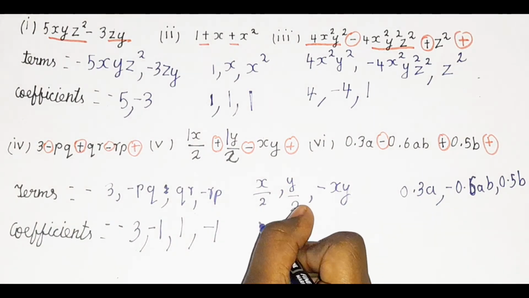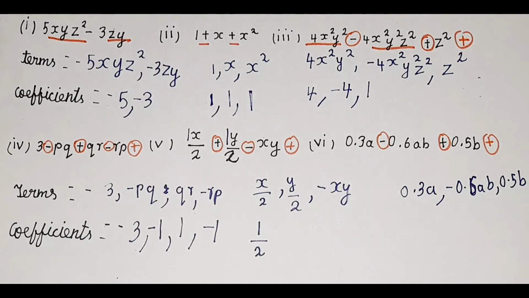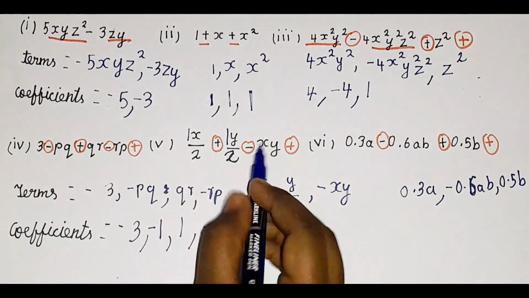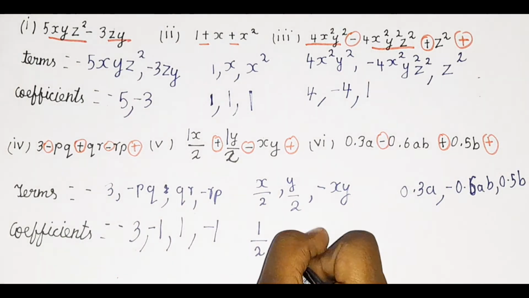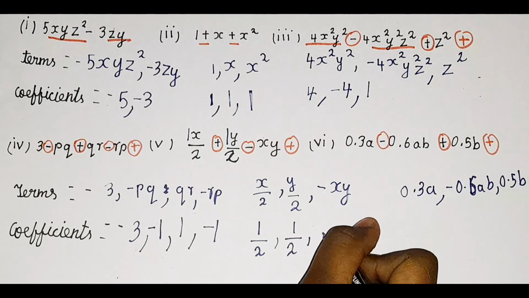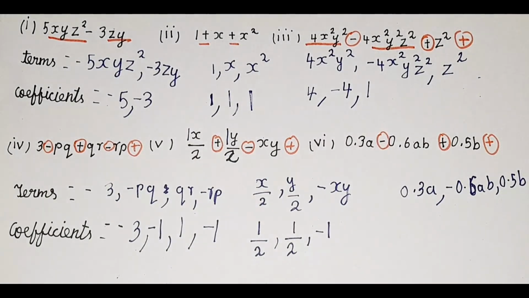So 1 by 2, and the coefficient of y is, so the variable is y, am I right? That's why the coefficient of y, I am mentioning it as coefficient of y. So y is 1 by 2 and the coefficient of minus xy is minus 1.